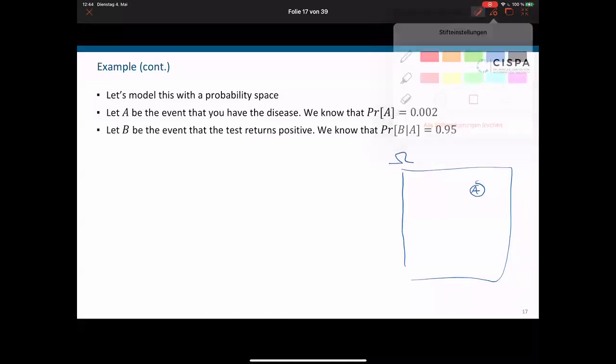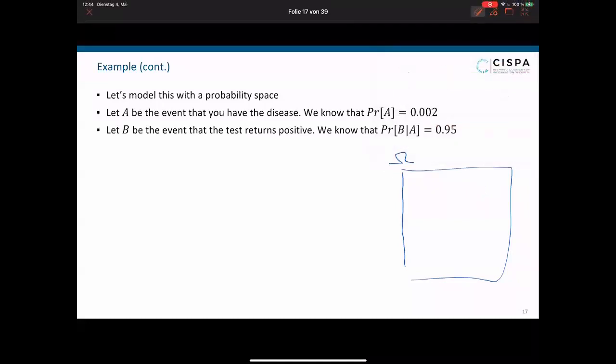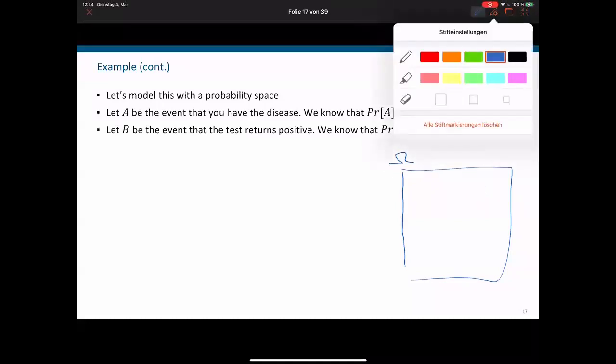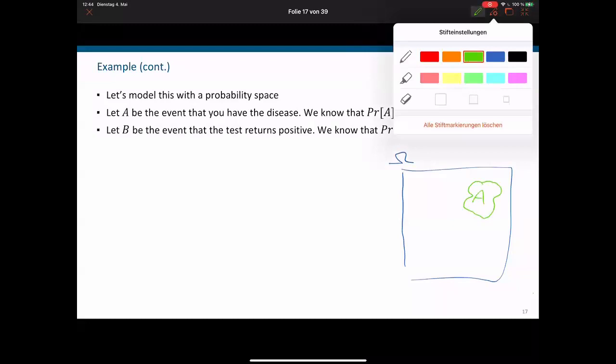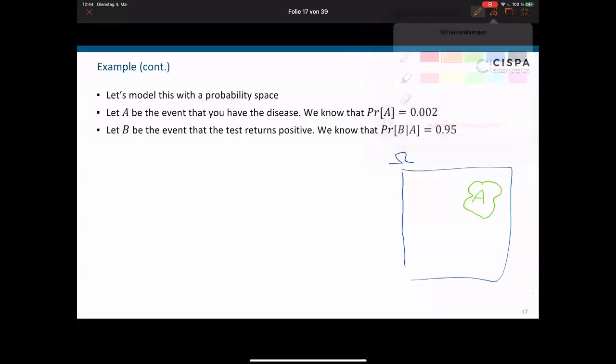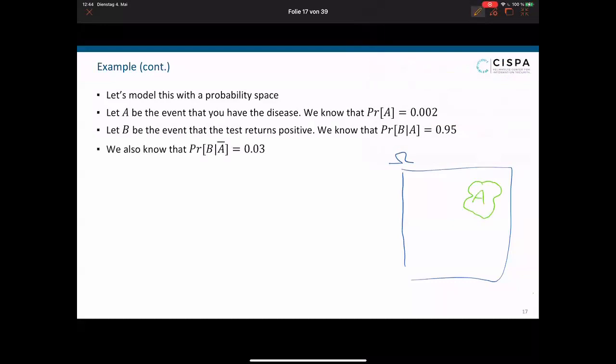Let's maybe redraw that slightly with a different color. We have our event A here, which is not drawn to scale. And now our event B will be something like this.